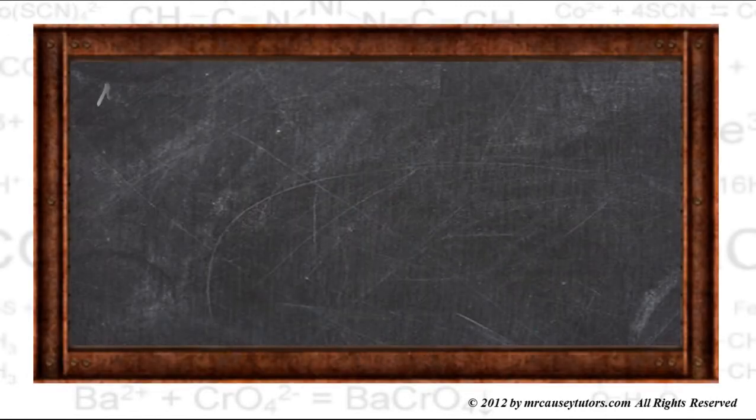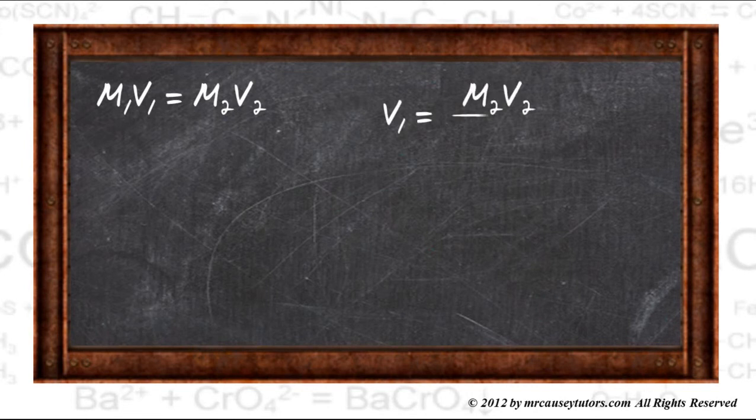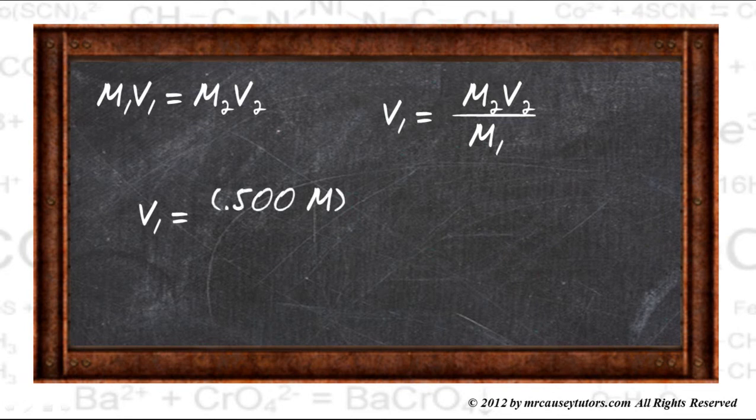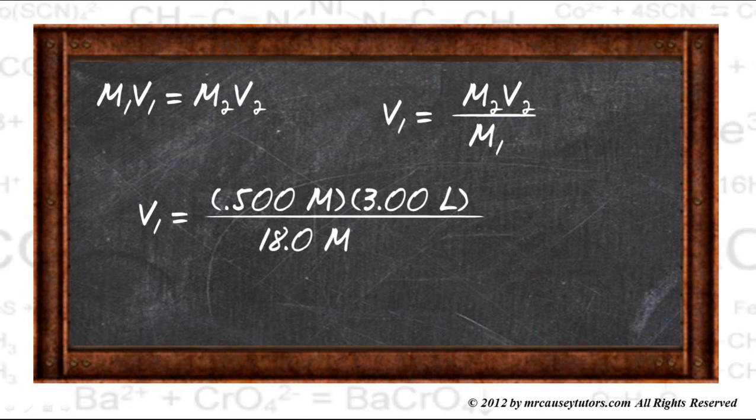So, to the blackboard. Here's my equation. With a little algebra, we change it to initial volume equals. And this is going to tell me how much water I need to add. Alright, so we got V sub 1 equals 0.500 molar times 3 liters divided by 18.0 molar.